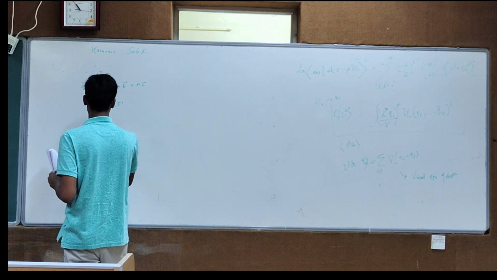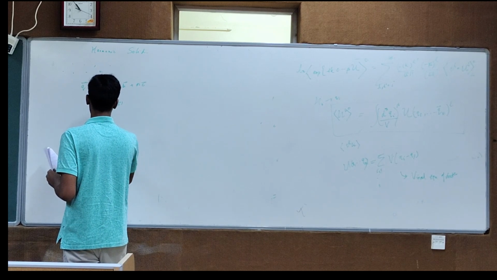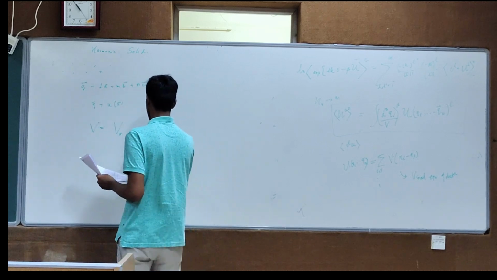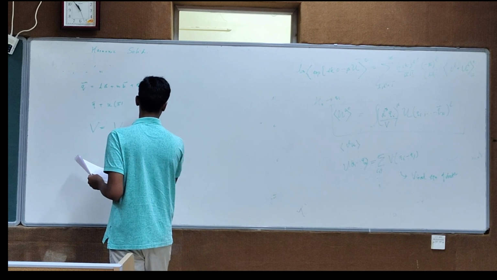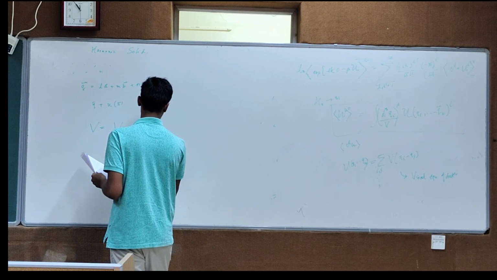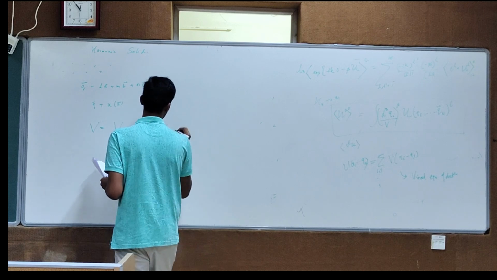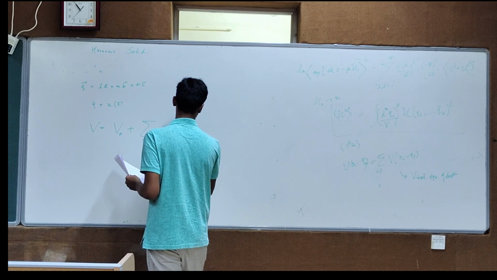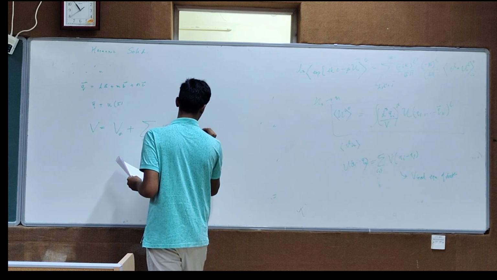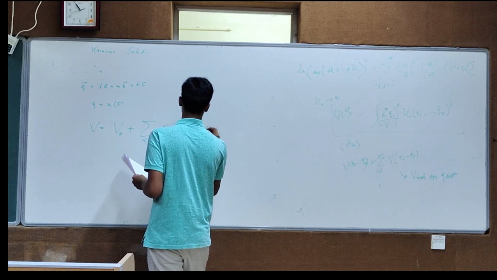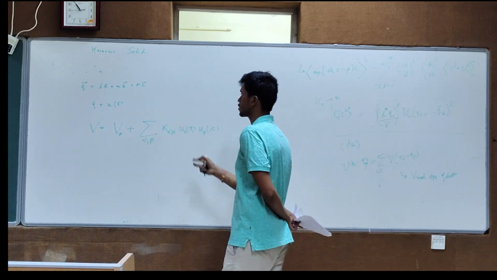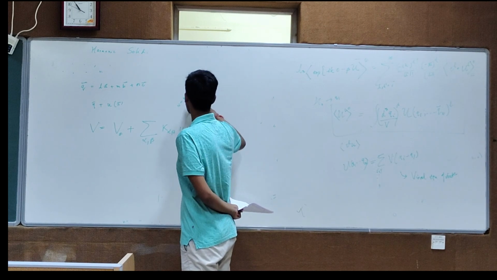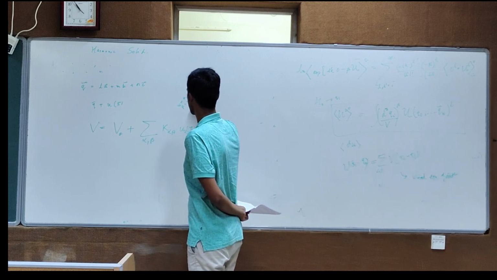And so you have this V, which is the equilibrium V plus, so since you have three dimensions, alpha goes from x, y, z, and beta also goes from x, y, z.